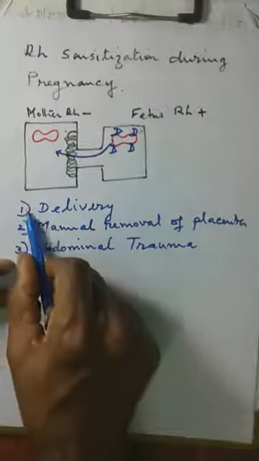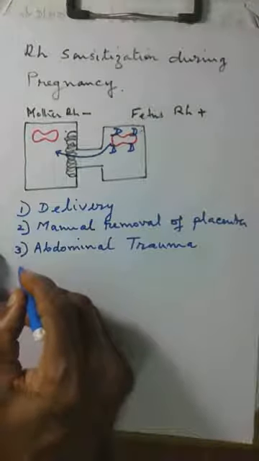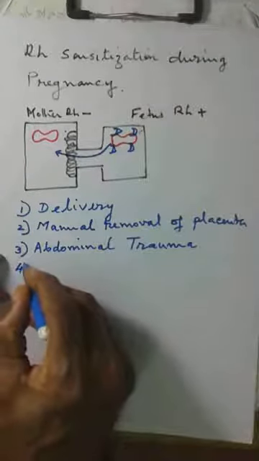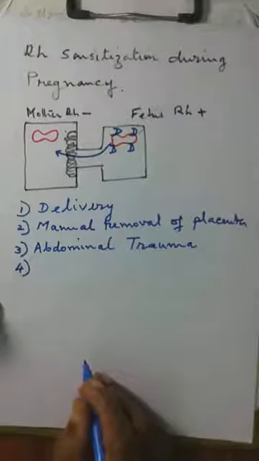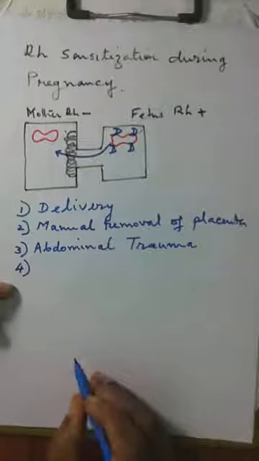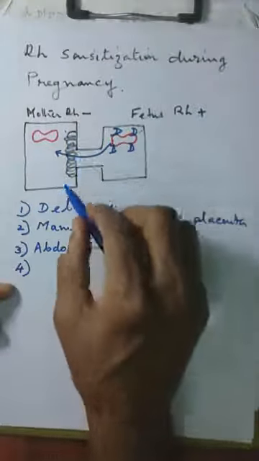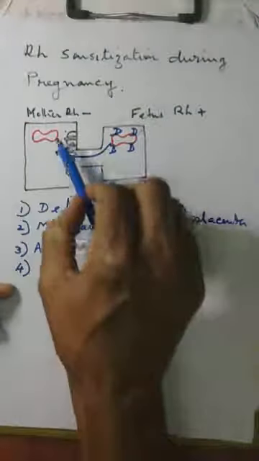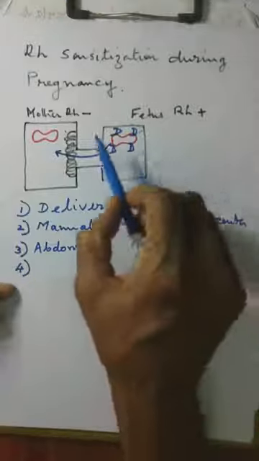So, reason 1, 2, 3. Then what is next? Next chance is a hemorrhage. That means an internal bleeding happens, or the blood may come outside also.